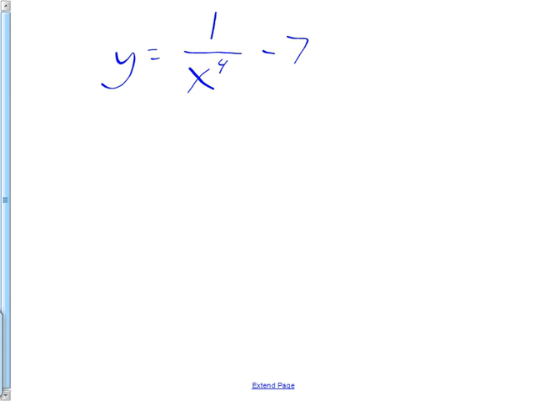okay, what changes did I make to the parent? Well, in this case, the parent is 1 over x squared, so there's really only, well, there's a couple changes. Actually, sorry, 1 over x to the 4 is the parent. So that's the parent. So then what change did I make to it? Moved it down 7. Okay, and now what about its vertical and horizontal asymptotes?